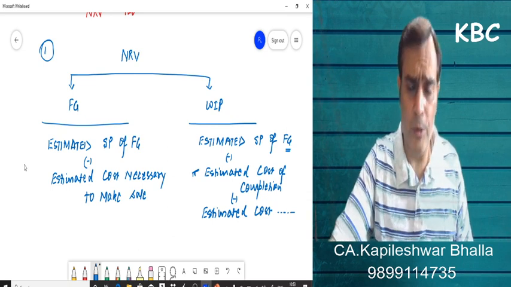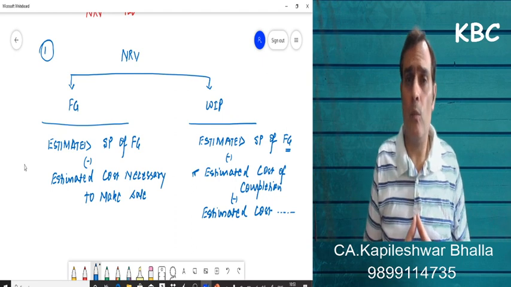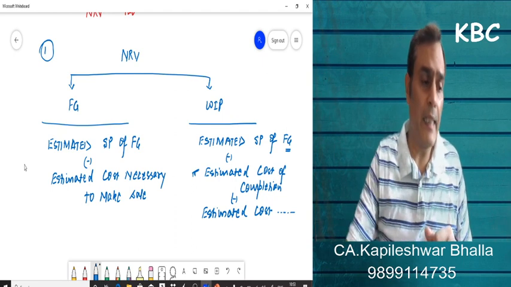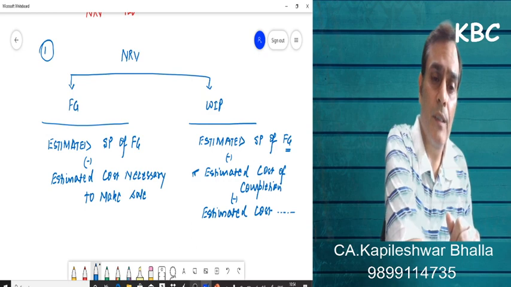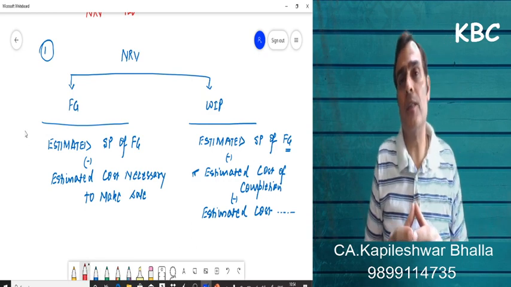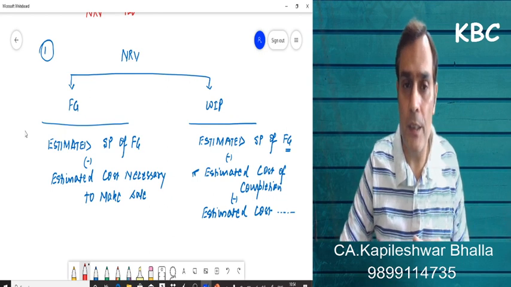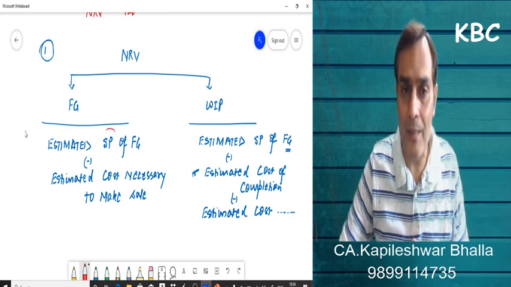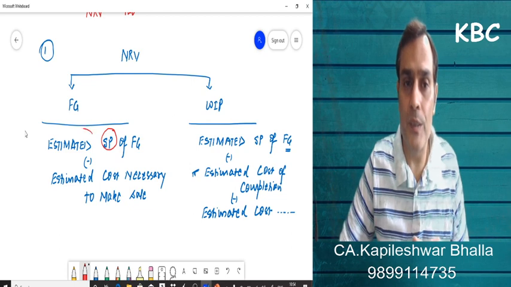Now, another thing which comes to the mind when I look at the definition of NRV, whether it is FG or WIP, the focus is on two things. One is the word selling price and one is the word estimated.